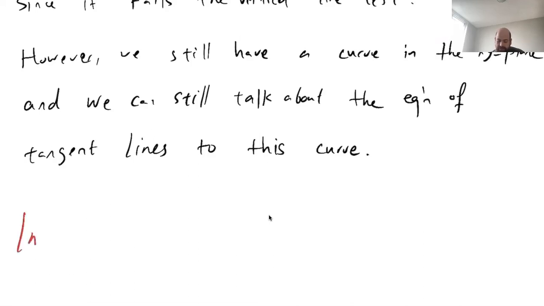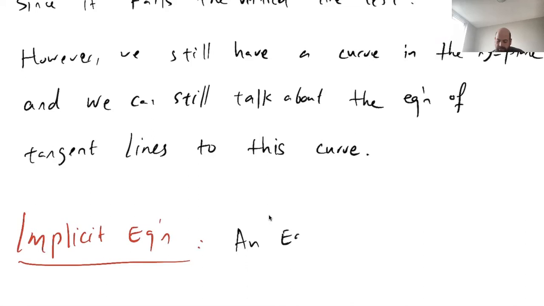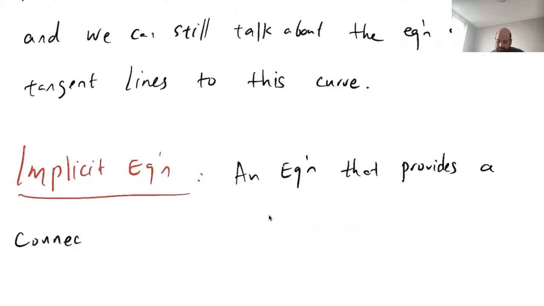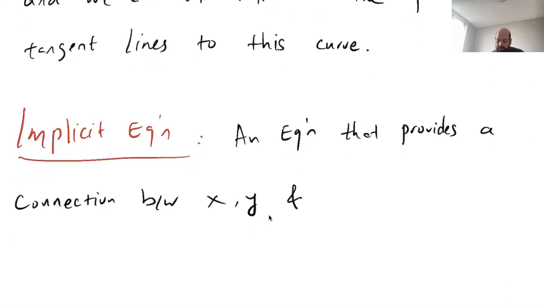When we say implicit equation, we mean an equation that gives or provides a connection between x and y, and not of the form y equals f of x.